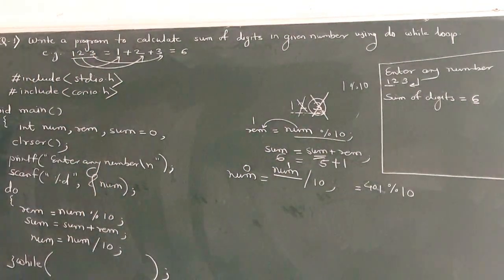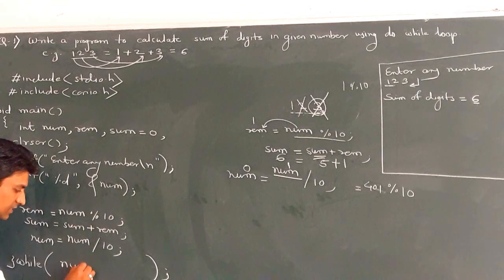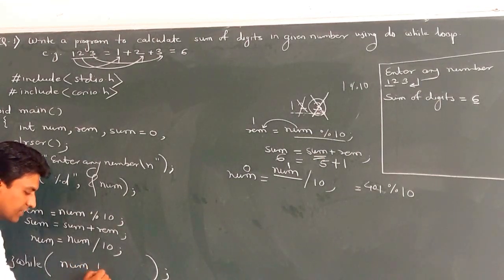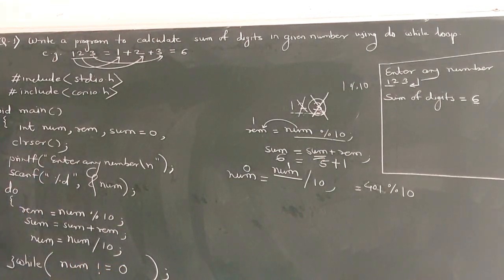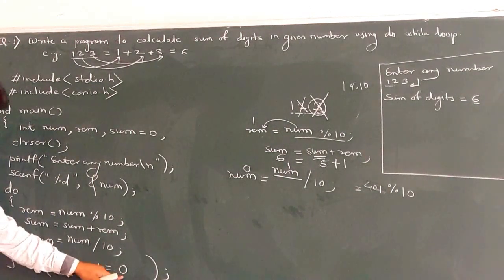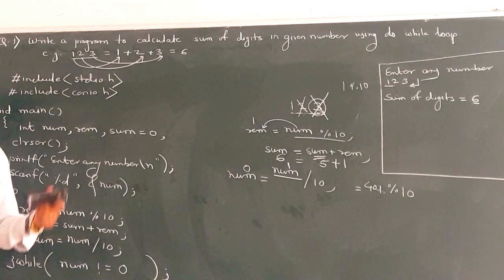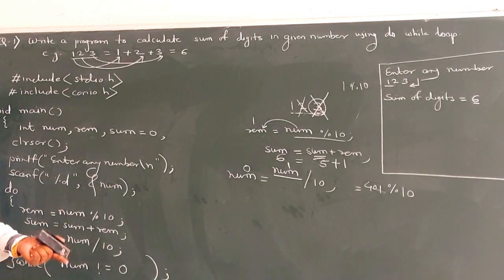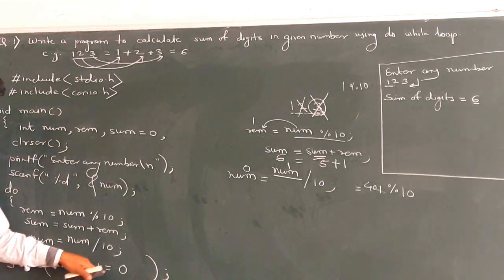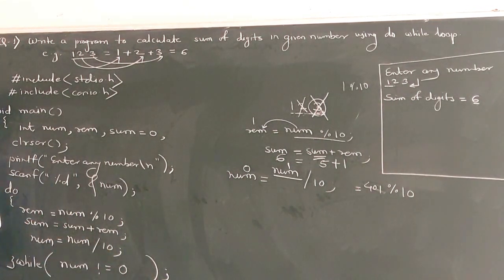So the last statement is the conditional part: num not equal to 0. If num is other than 0, the loop continues. But if num becomes 0, then 0 not equal to 0 is false. But if num is 123, then 123 not equal to 0 is true, and if the condition is true, the loop continues.